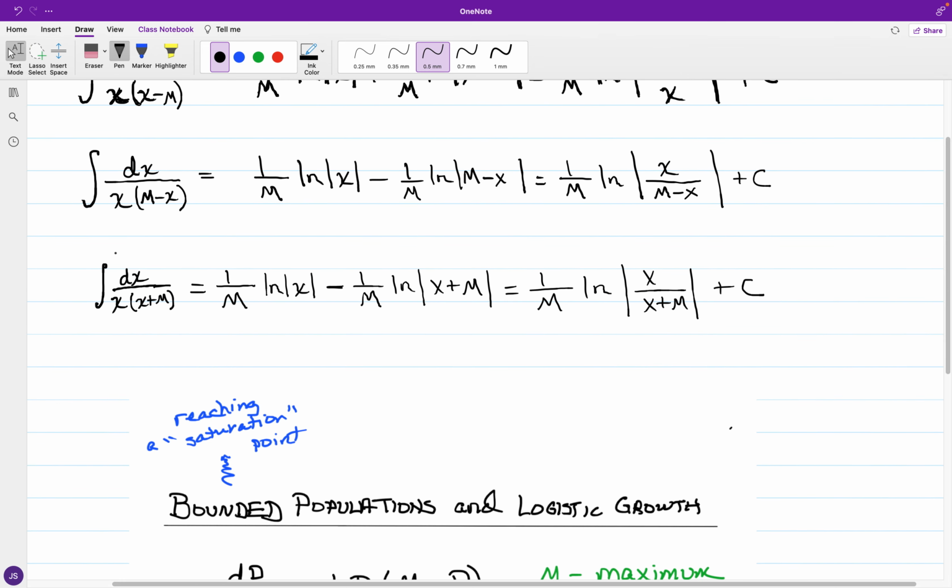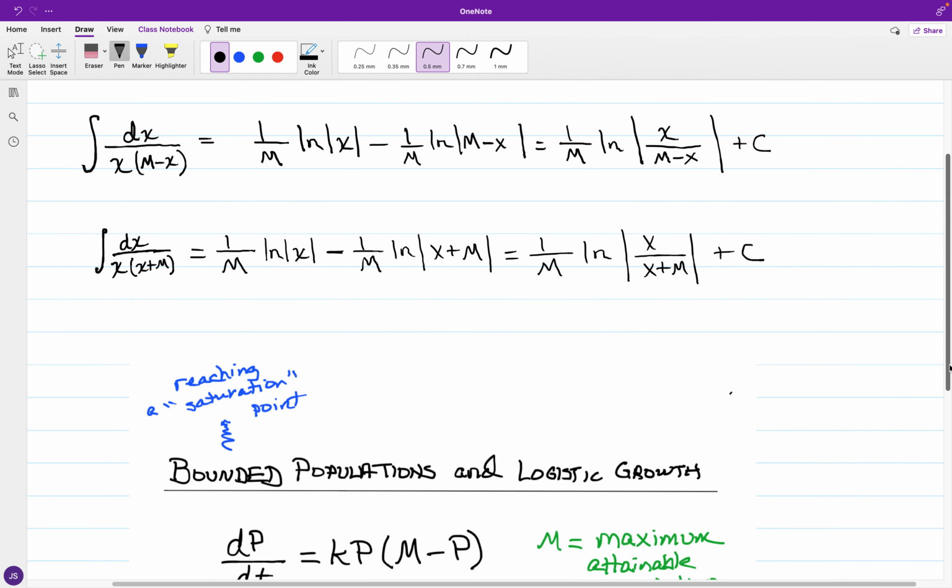Notice you have dx over x times the quantity of m minus x. And if you notice, you will have the reciprocal of m, and in this particular case, you're going to have P at the top and m minus P at the bottom.